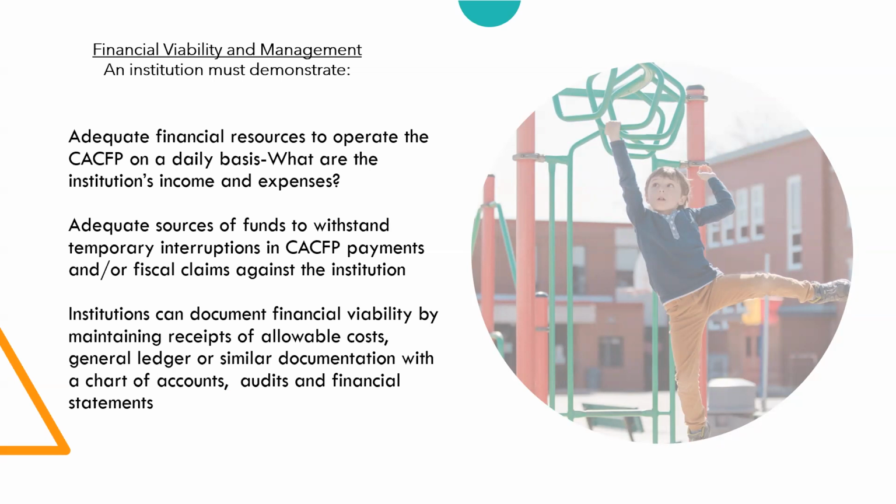And then acceptable documentation of financial viability and management include receipts of allowable costs, general ledger, or similar documentation with a chart of accounts, audits, and financial statements. I've put a PowerPoint slide in the resources for your VCA. So what that is saying is we need to see receipts of all the food purchases, products you pay for, anything you're purchasing for CACFP. Please make sure those receipts are legible. Please make sure that whatever is on that receipt is for CACFP.